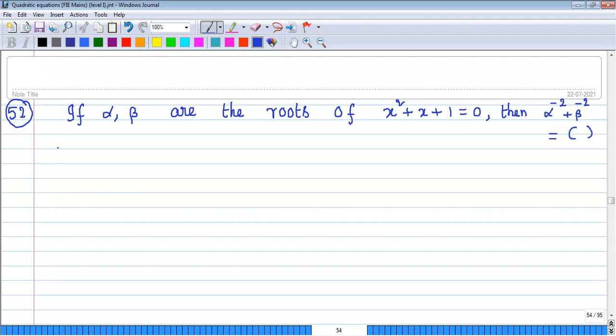First option is root of minus 1. Second option minus root 3i. Third option is minus 1. Fourth option is root 3i.